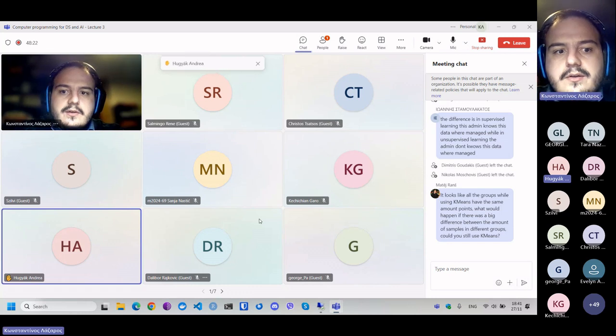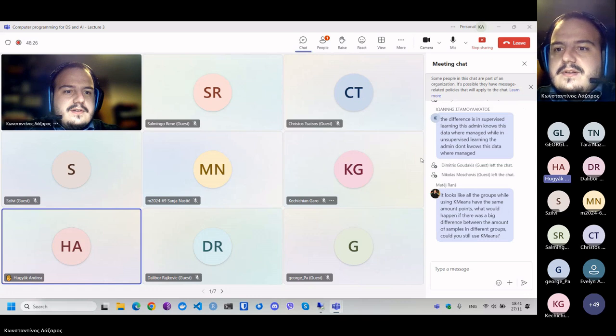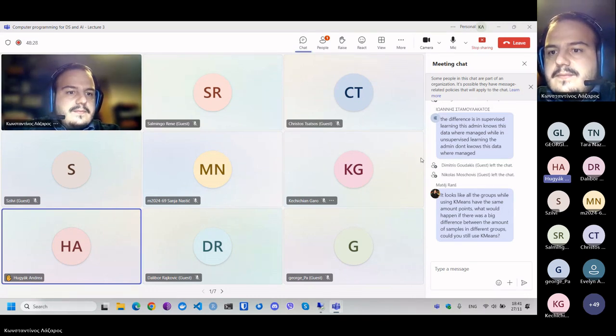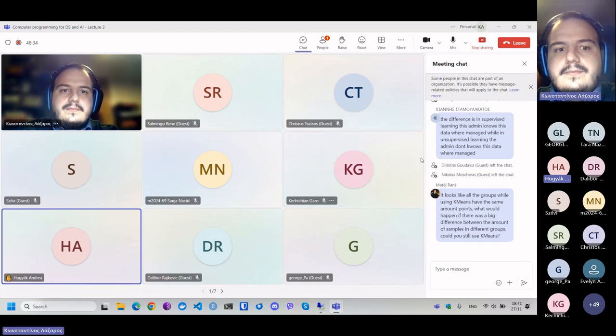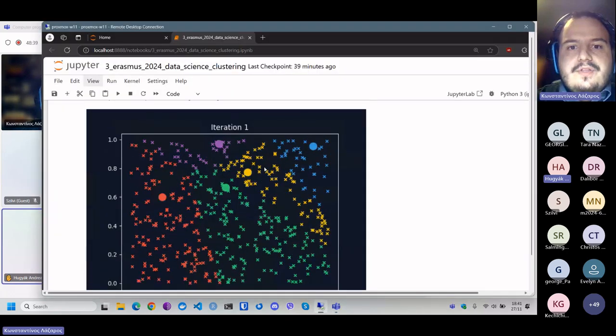Hi, I have a question. Yes, of course. And sorry for this, but I didn't catch it, why have we exactly five clusters in our first example? Did you choose it? Yes, exactly.